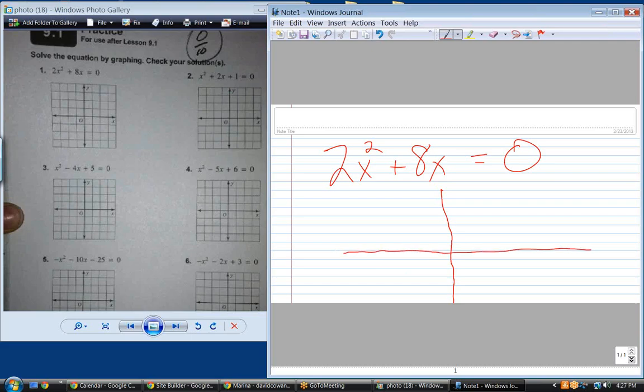How are you going to solve this by graphing? We need to find the vertex, y-intercepts, and x-intercepts. Okay. So how can we solve for the x-intercepts?